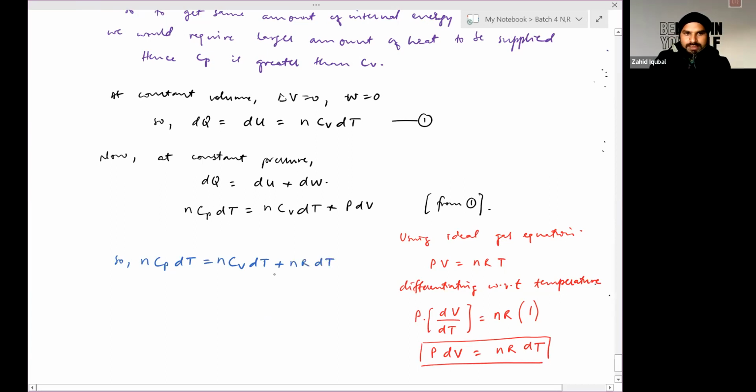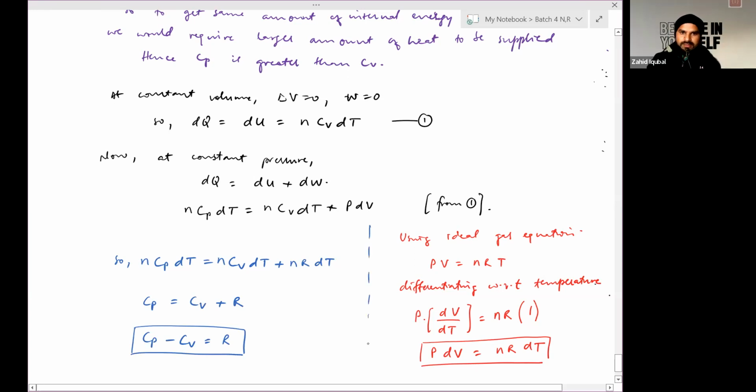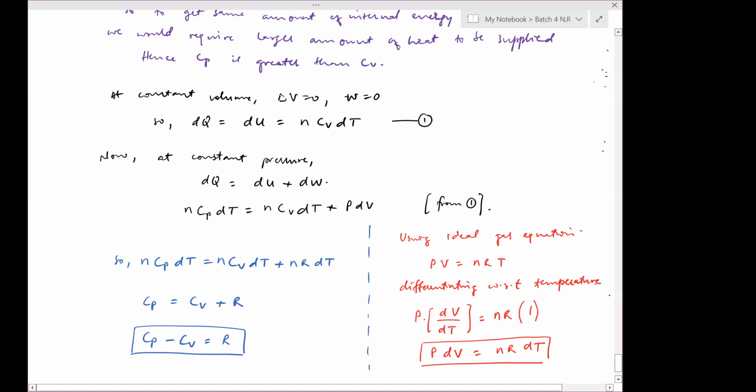Now take out n dT as common from both sides. So you're left with Cp equals Cv plus R, or Cp minus Cv equals R. This is also called Mayer's relation. Nabila, is it clear? Yes, sir. Okay.